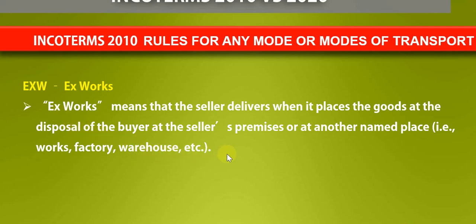If I give you additional explanation of this sentence: when seller and buyer agree to Ex Works, the obligation of the seller is limited to their factory or any premises or any named place, meaning that the seller has only to put the product in a certain place, and after that, his obligation is dismissed.